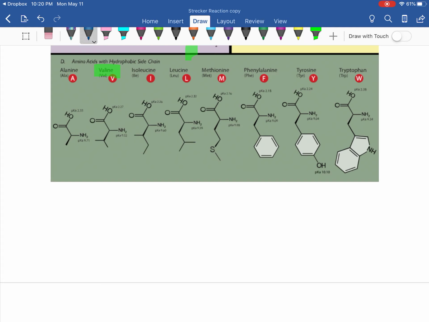Let's take something like right here on the bottom. Let's take our valine and look at that amino acid. We've got an amine. Now, I'm not drawing a particular stereocenter, I'm just drawing my tetrahedral.